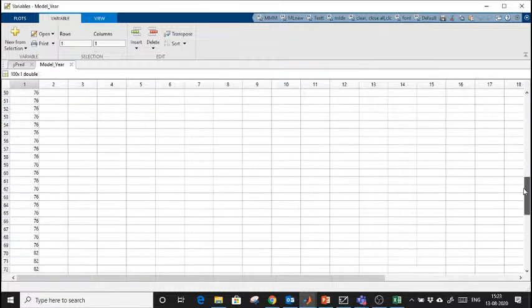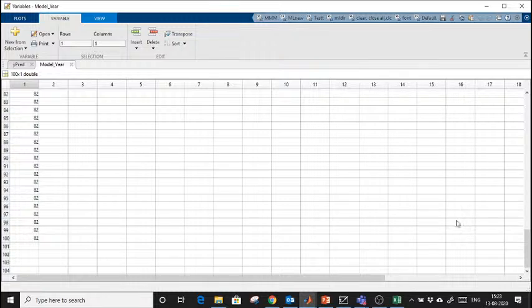Now further, if I provide 76 as the model value, it will predict the mileage of 76 model cars. If I provide 82, it will predict the mileage of 82 model cars. So I want to create such a kind of predictive model in this case.